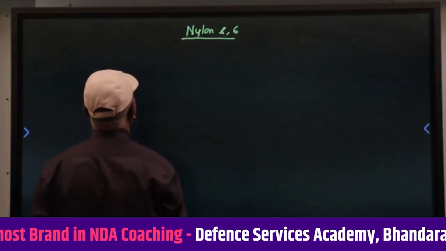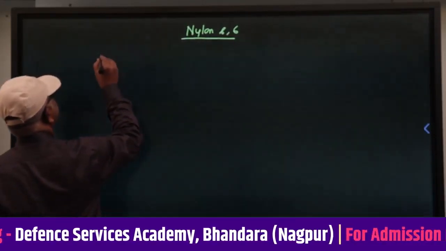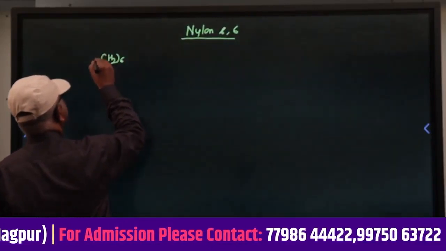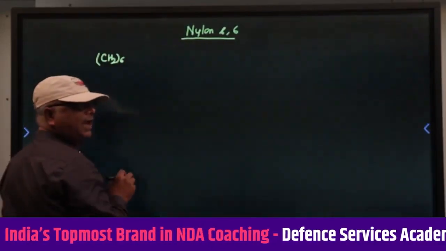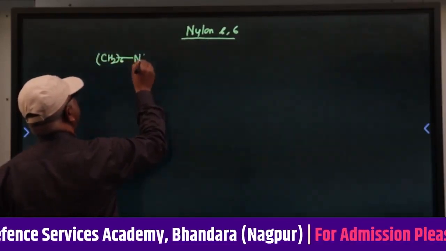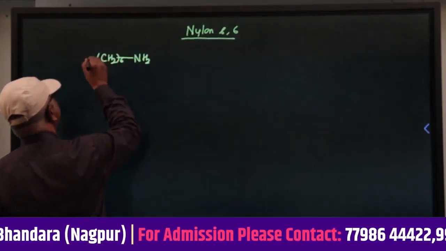Hexamethylene means CH2 by 6. CH2 is the methylene group. Di means 2, and amine means the NH2 group.